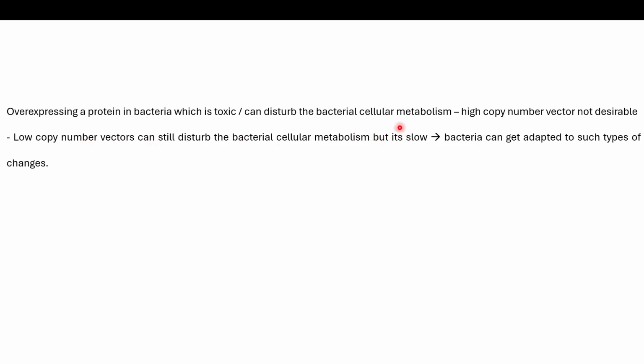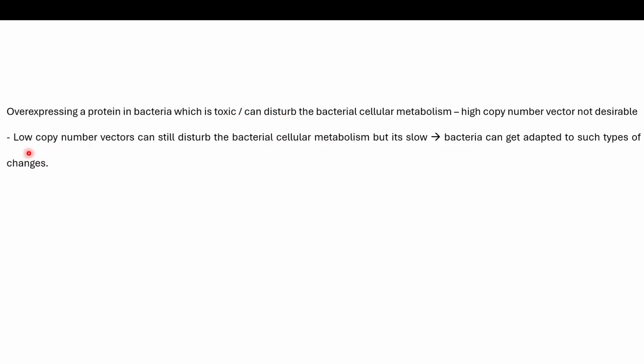So in such cases, vectors having low copy numbers should be used, because in the case of low copy numbers also it will be toxic or can disturb the cellular metabolism again, but because it has a low copy number, the amount is low, so the bacteria can potentially develop certain pathways or tide over the toxicity or this particular disturbance that we are talking about.